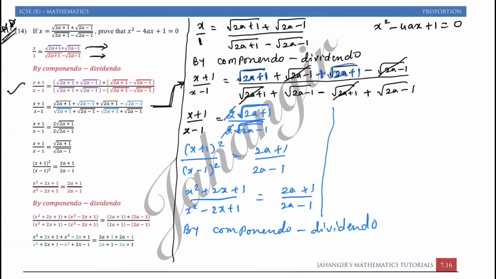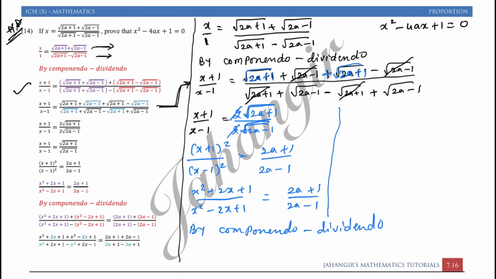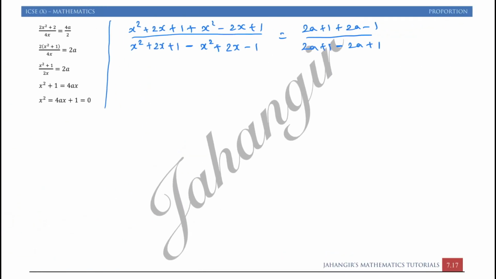On the right hand side I need to check 2a plus 1 plus 2a minus 1 whole upon 2a plus 1. Here if I am taking minus, I can write 2a plus 1, changing sign. You can go through this over here. See, here I had written the whole step properly. All steps are written properly. Now cancelling 2x and 2x on both.